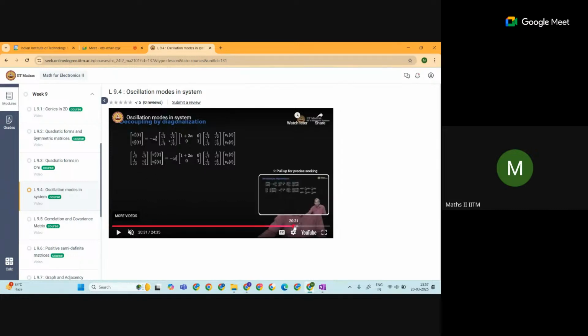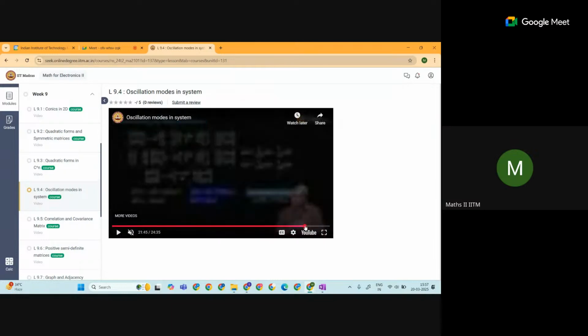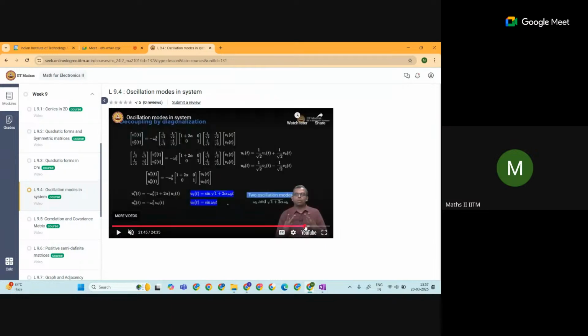Now it's better to see the lecture. This lecture is totally the theory part, telling that once you have some electronic circuit system, you will get a system of differential equations. You can change that differential equation into matrix form, and once you form the matrix form, find the eigenvalues and eigenvectors, and make that system of differential equations into a simpler form, which is here.